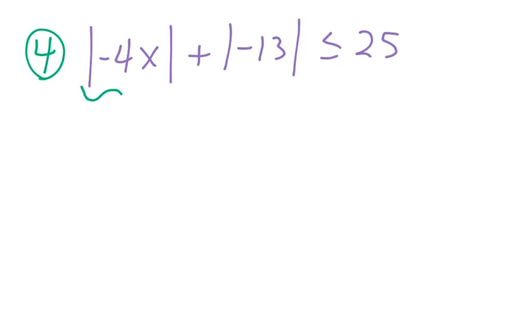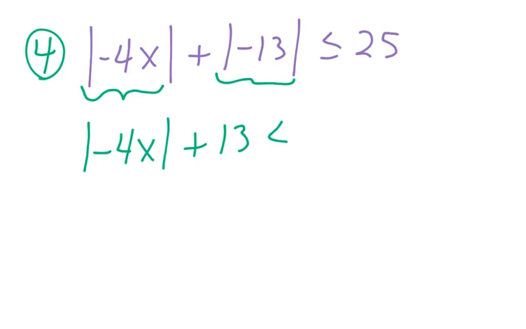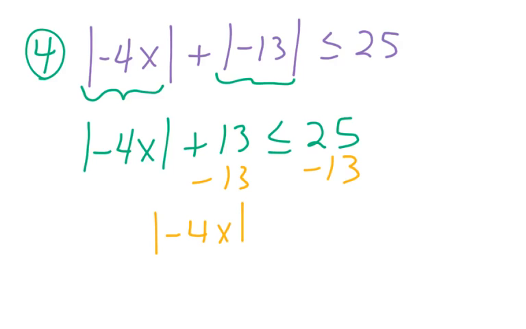Now, since there's an x involved in this expression, I cannot simplify that expression. However, the absolute value of negative 13 is indeed 13. And now I can solve. So subtract 13 from both sides. So then I have the absolute value of negative 4x is less than or equal to 12.